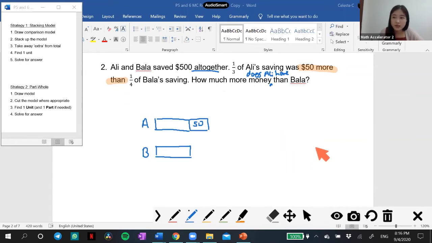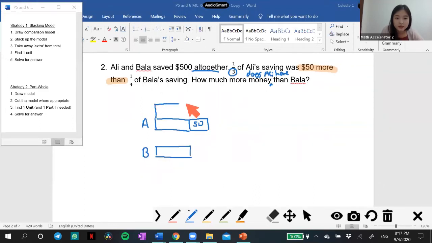Right, now we need to stack it up. 1/3 of Ali's saving is $50 more. This means that Ali's savings here is only 1/3. So to get the entire model of Ali's savings, we need to stack up how many more models? Anyone? Okay, Justin, 2. Good. You have 1 here, so you need 2 more because Ali in total has 3 units here. Right, so stack it up.